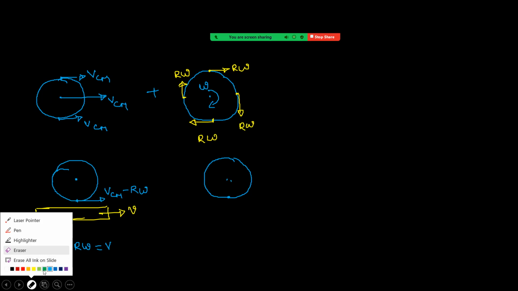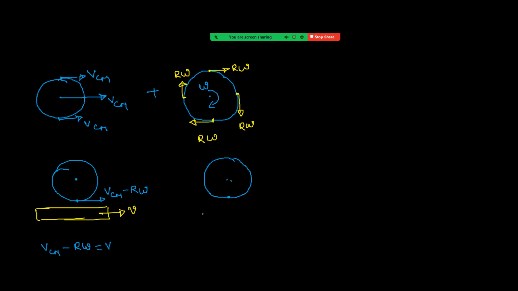For the contact point, velocity is r omega minus vcm. So the condition is now r omega minus vcm is equal to v. This is the condition for rolling without slipping. So a key point is that the velocity of the contact point should be the same as that of the contact surface. Okay, the condition is like this.